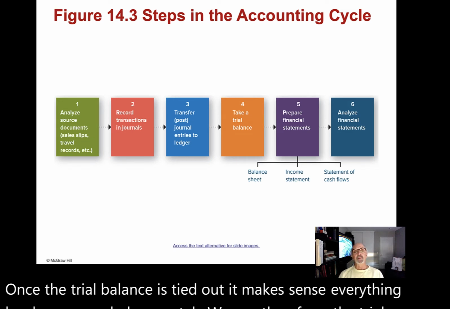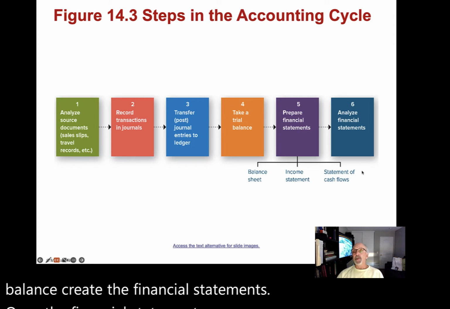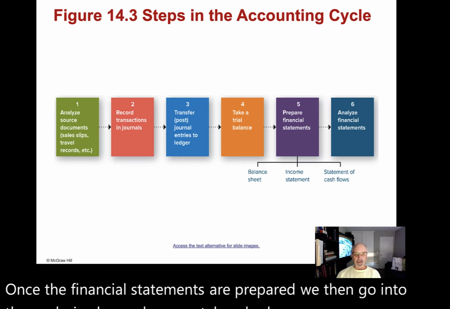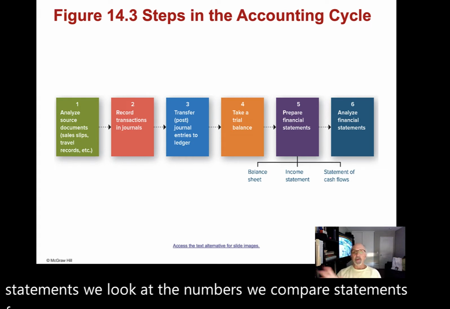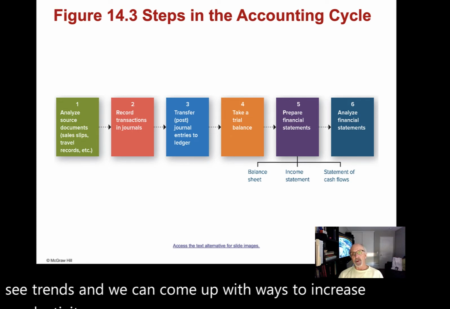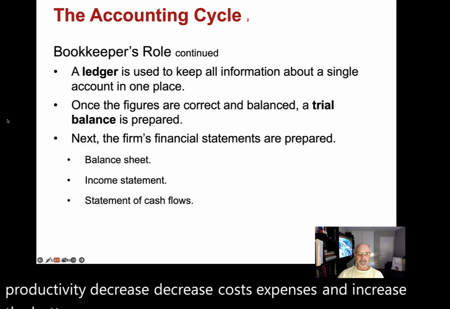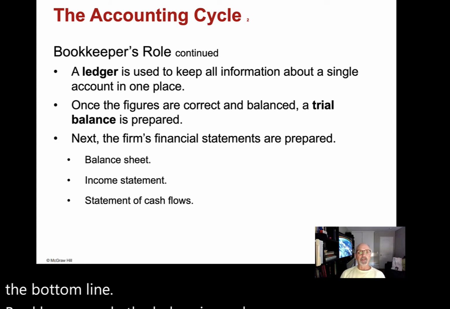Once the financial statements are prepared, we go into the analysis phase where we look at all of the statements, compare statements from prior periods, and see any discrepancies and trends, and we can come up with ways to increase productivity, decrease costs and expenses, and increase the bottom line. Bookkeeper's role. The ledger is used to keep information about single accounts.